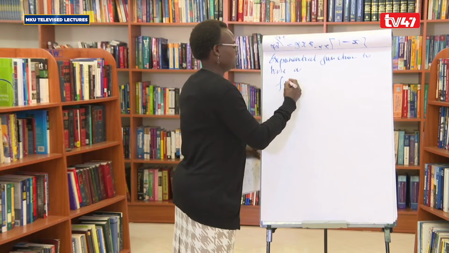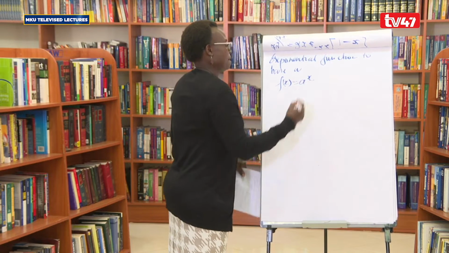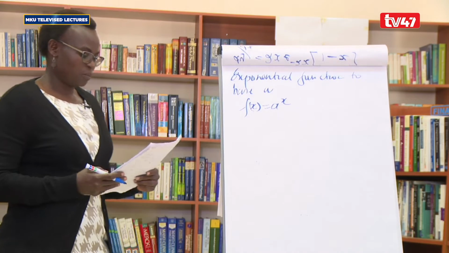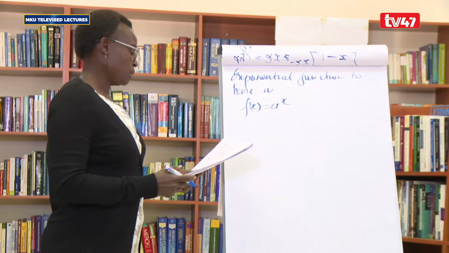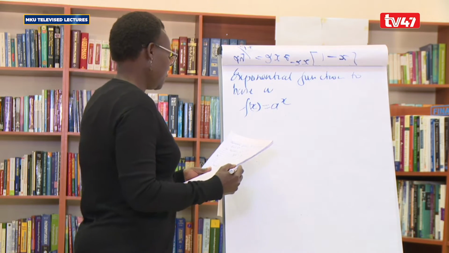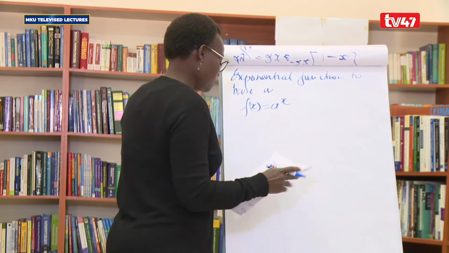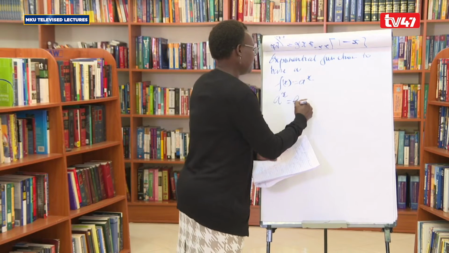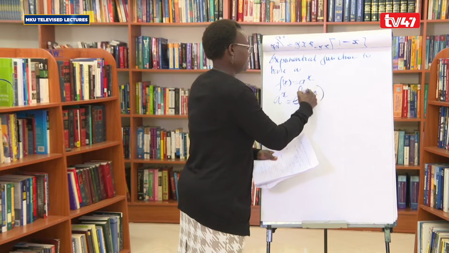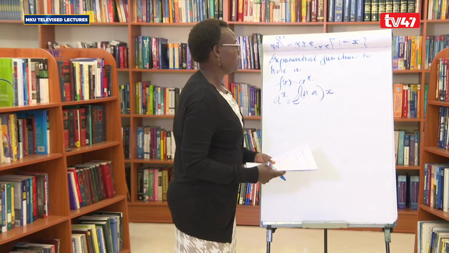So this is what we started with. At the beginning we said that it is a raised to the power x, and by definition a to the x is expressed as e to the ln a times x.